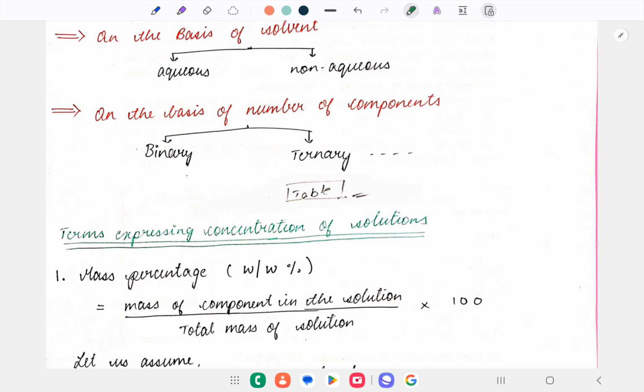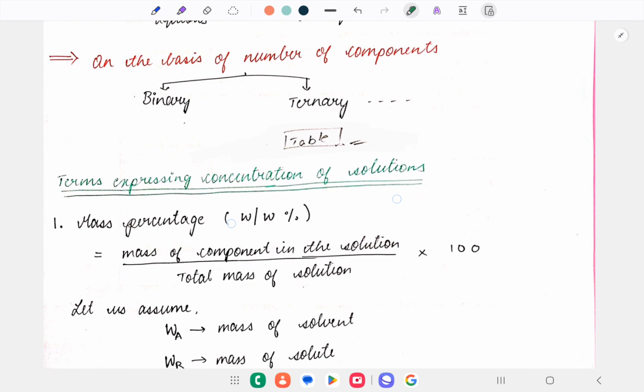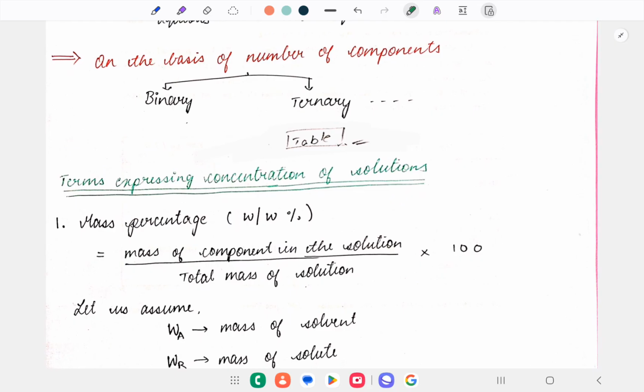For example, salt, sugar and water solution. Then we can go on like quaternary, and it goes on depending on the number of components. In this chapter we are only focusing on binary solutions.